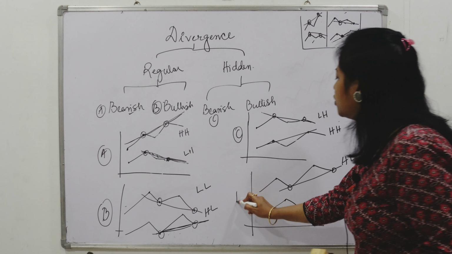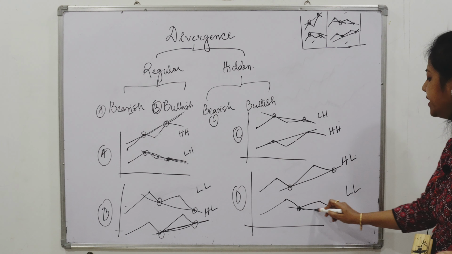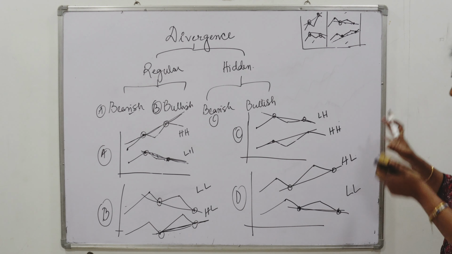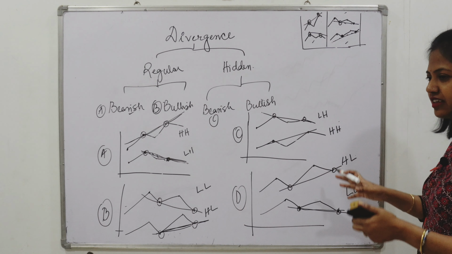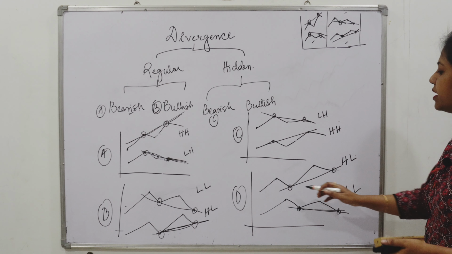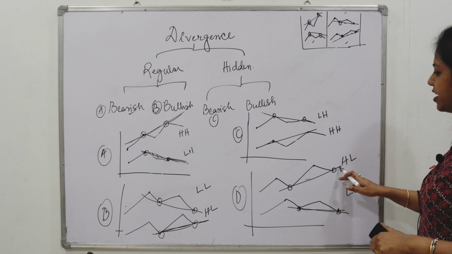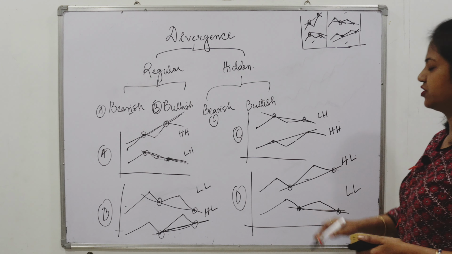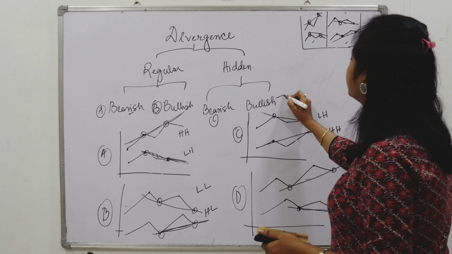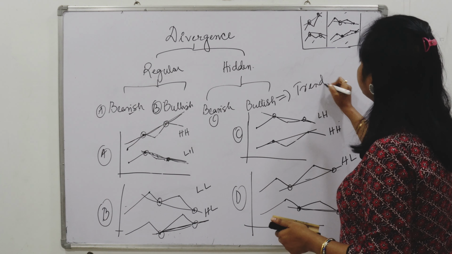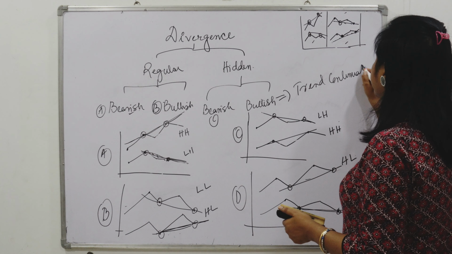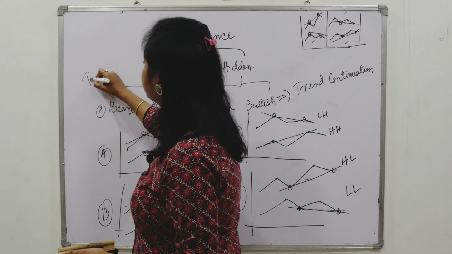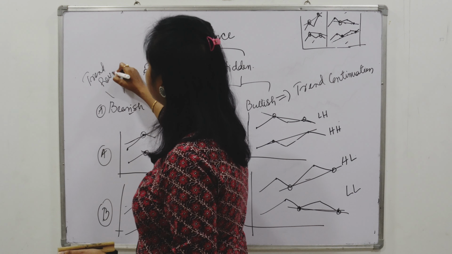The indicator is showing that the momentum has weakened, the speed at which the price was rising has weakened, but the price fails to fall, rather it is rising. So this divergence is hidden, and this is known as the hidden bullish divergence. This is a trend continuation. Remember, this will indicate trend continuation. The trend will continue as it is showing, though the indicator speaks something else. And this is a trend reversal. The trend will reverse.